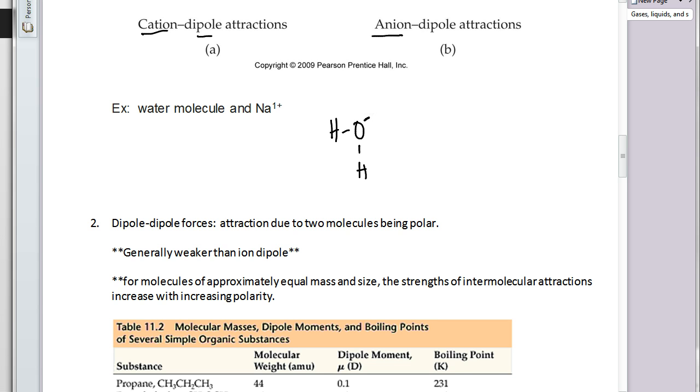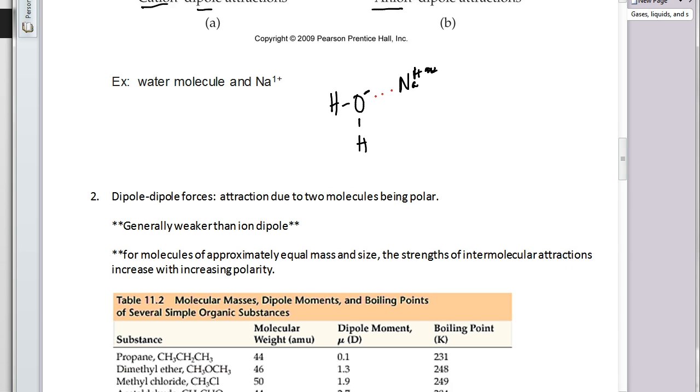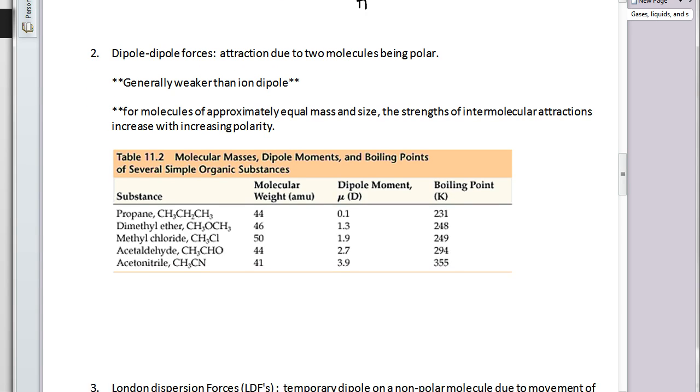So there's going to be this force of attraction between the oxygen part of the water and the positively charged sodium, which has a 1 plus charge. Obviously, if there were some chlorides around, they would be attracted to the positively charged hydrogen. Okay, so that's the first type of intermolecular force that we deal with.